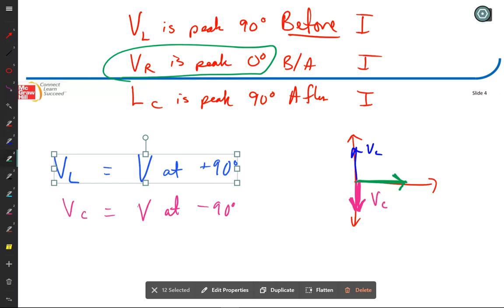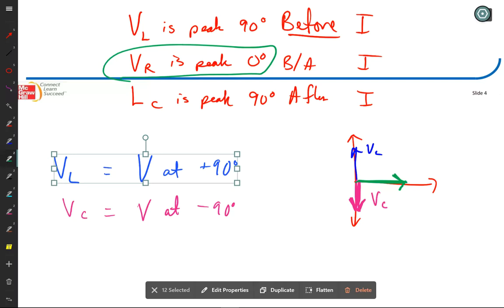The reason we're doing this is because they have their peaks at different times. And the way this is really supposed to work, if you look at pictures, you usually see this tilted instead of just horizontal and vertical, because with time, the directions are going in a circle. And you take the horizontal component, and that's what the voltage at any instant is going to be. So at this time, the voltage across the inductor and capacitor would be 0, and the voltage across the resistor would be positive.